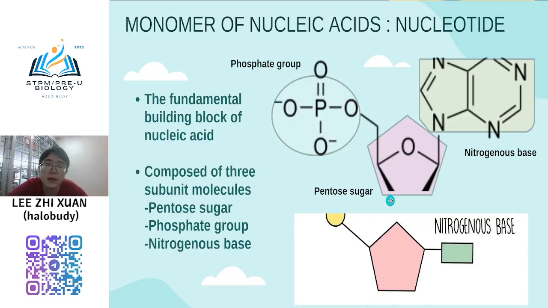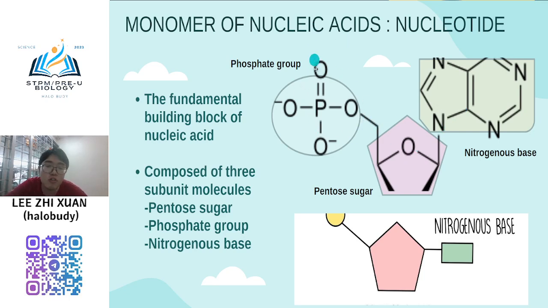This is the basic structure of the nucleic acid, which we call the nucleotide. As you can see here, a nucleotide contains three main subunits.